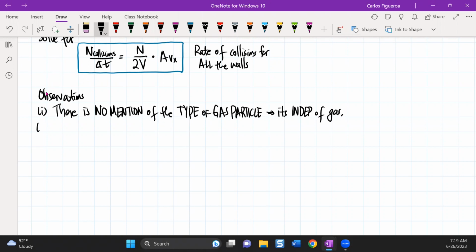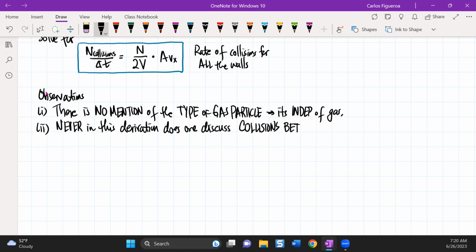Okay, so then 2, never in this derivation does one discuss collisions between gas particles.